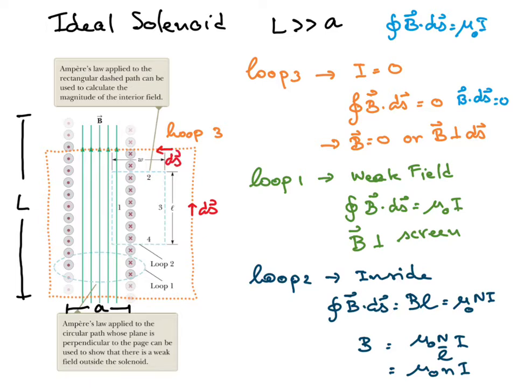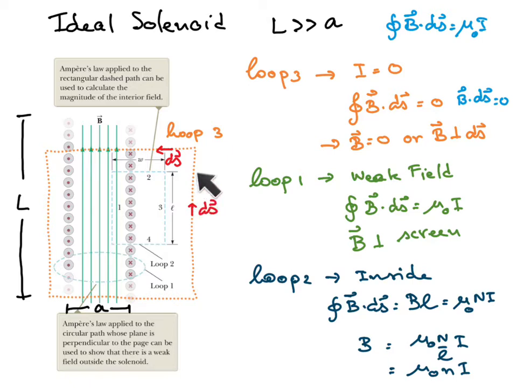So how can we have the B that is perpendicular to ds everywhere? It means that B must be perpendicular to ds in this direction and also in this direction. So what we have is that B must point into the screen or point out of the screen, right?